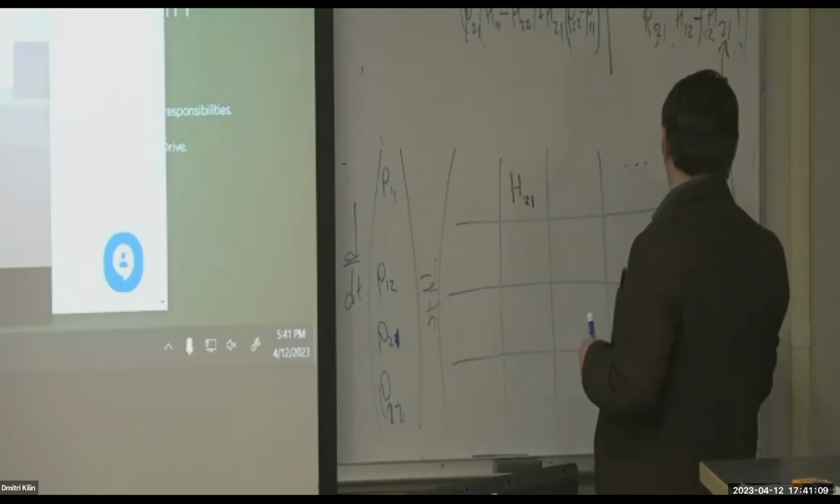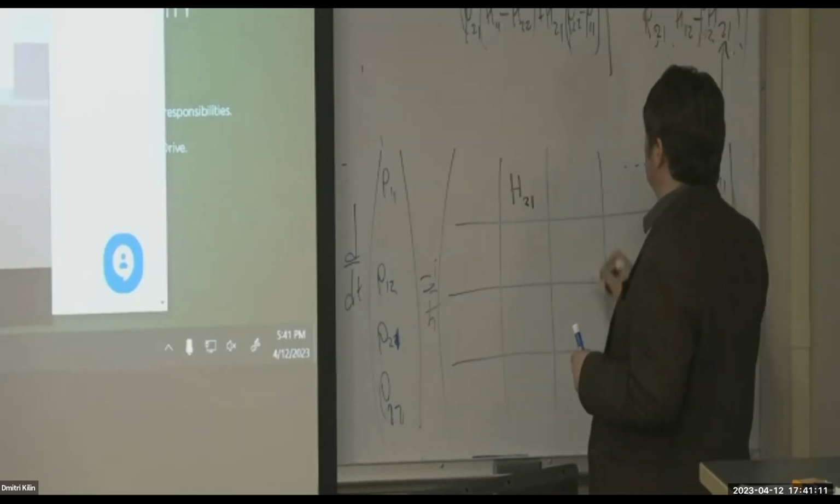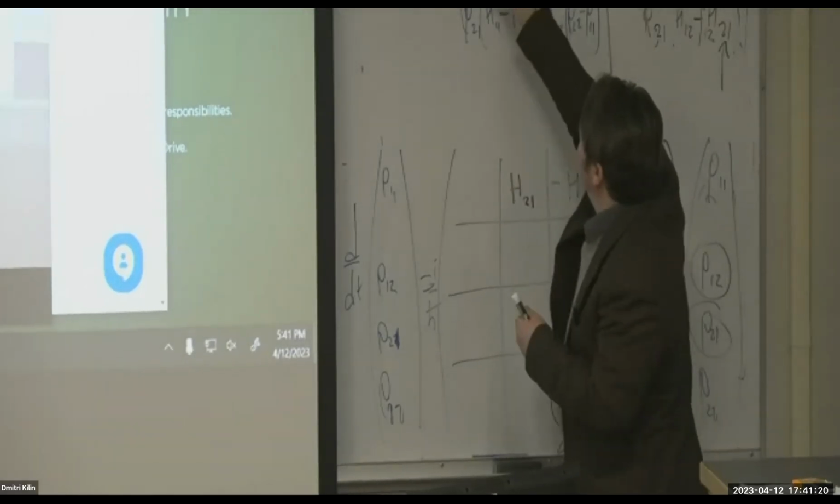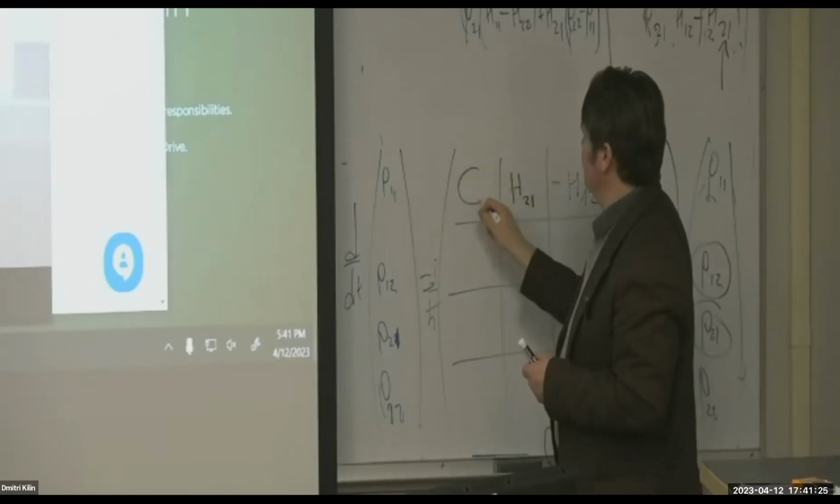H bar, and then rho 21 is minus H12. There, according to what we derived here, there are no contributions from population terms.